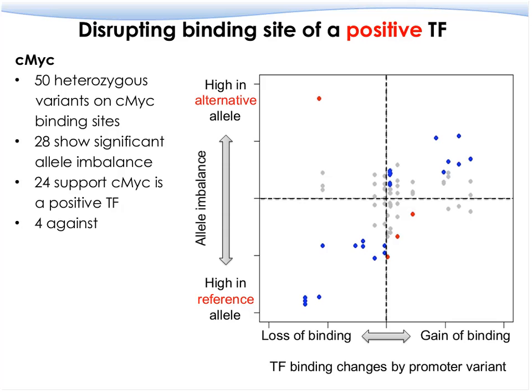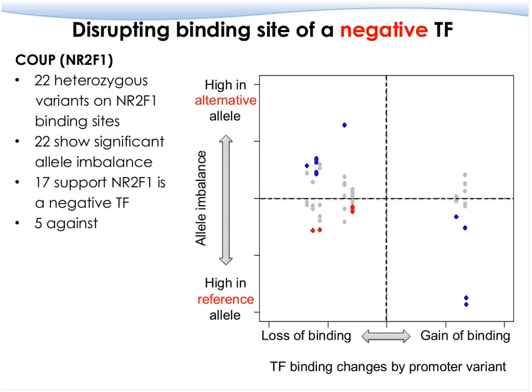On the top part, it is higher expression in the alternative allele, and the bottom is higher expression in the reference allele. From this figure, we can see clearly that there is a positive trend of those blue dots, which means that all these variants support that CMAC is an activating factor that will increase gene expression in this particular individual. And this is a reverse example, a situation of a negative regulatory transcription factor, which is NR2F1 binding sites, and we have seen that there are 17 variants that support NR2F1 as a negative transcription factor.